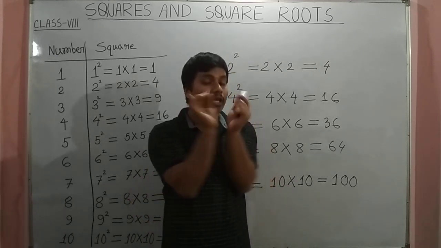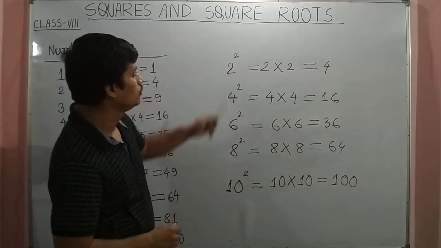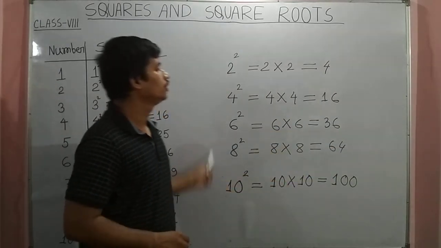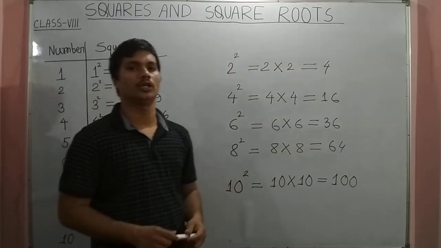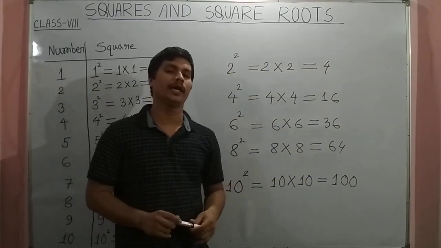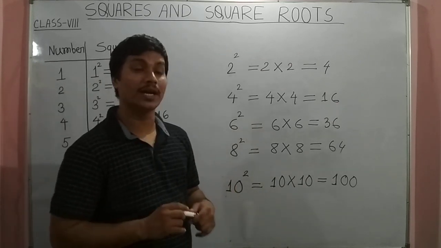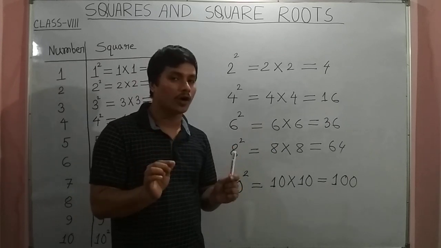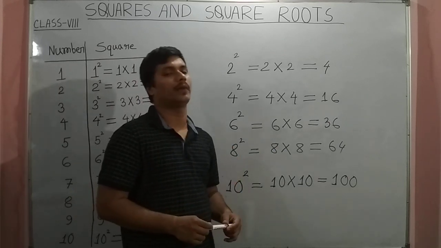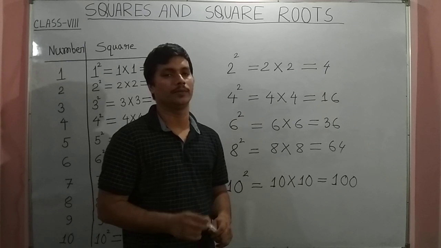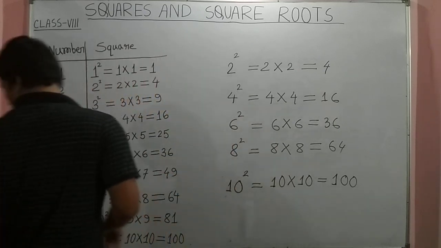These are even numbers. So from this we got that the square of an even number is always even. Students, what? The square of an even number is always even. Very important.